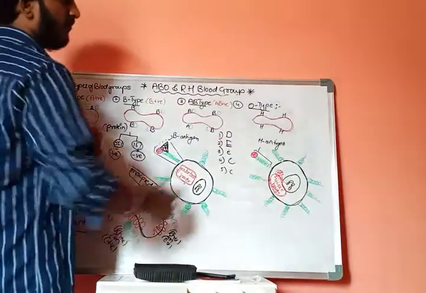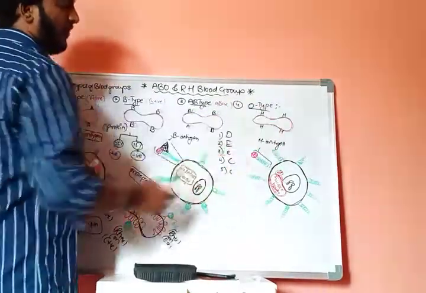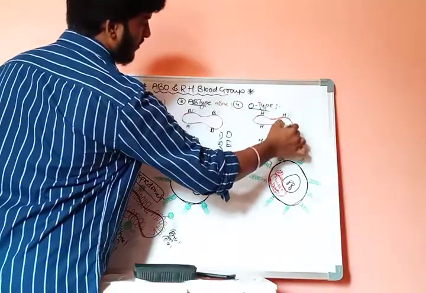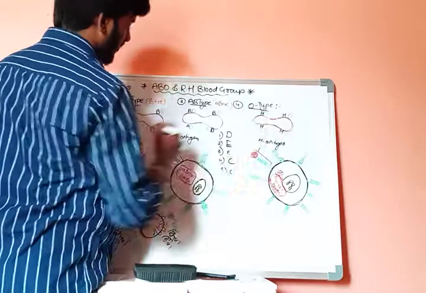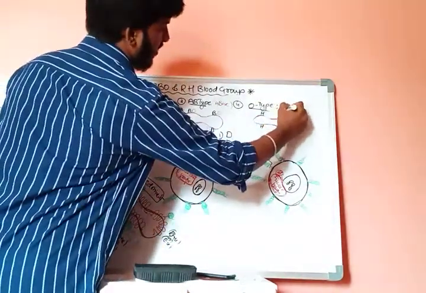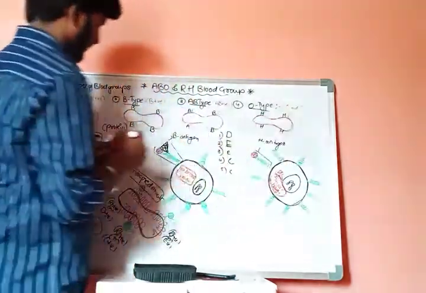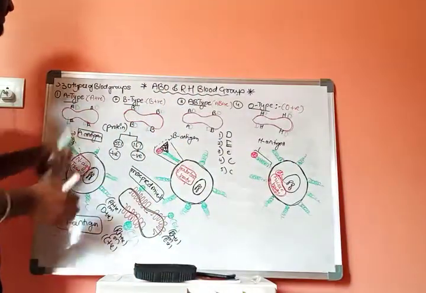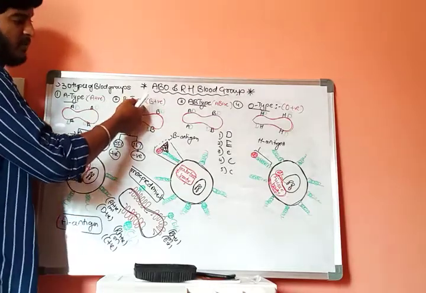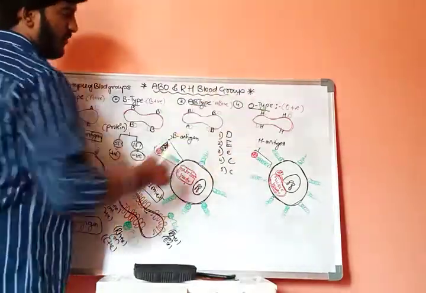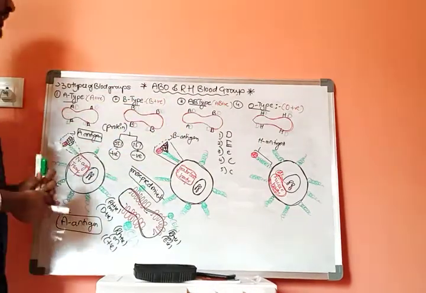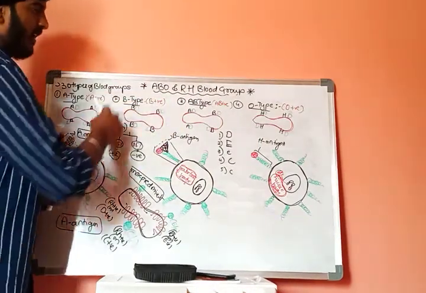Whenever the O type of blood group consists of D type of proteins, this blood group is called O positive. Whenever the D antigens are absent, it is called A negative, B negative, AB negative, and O negative. This is about the ABO and Rh blood groups.